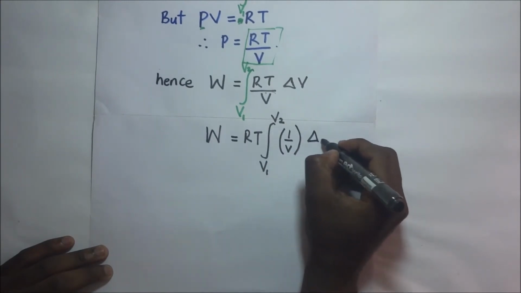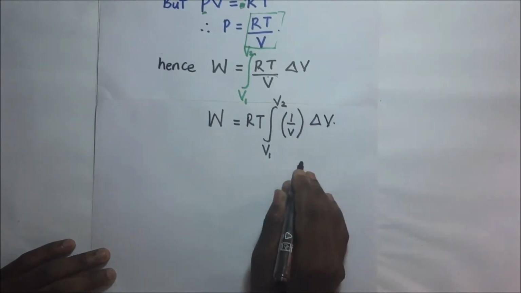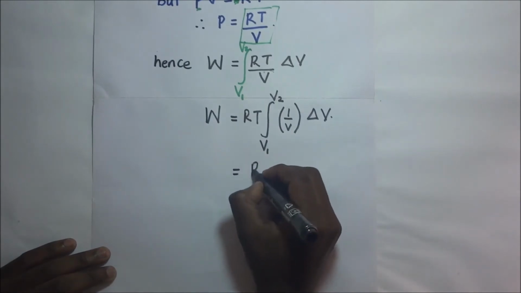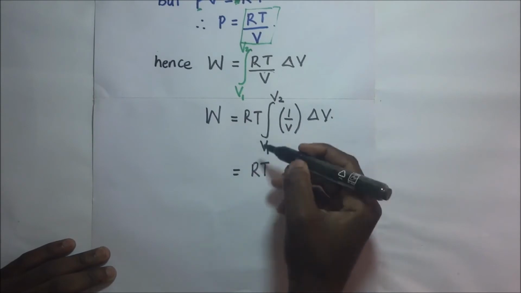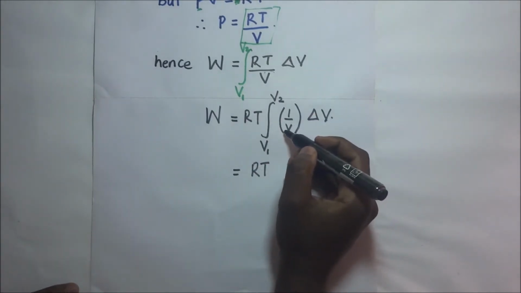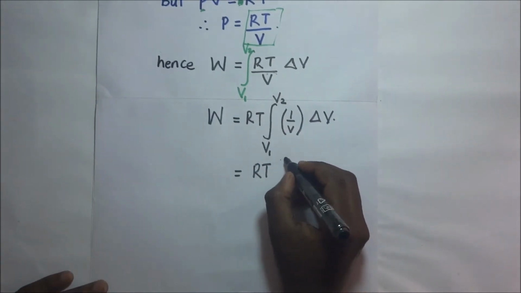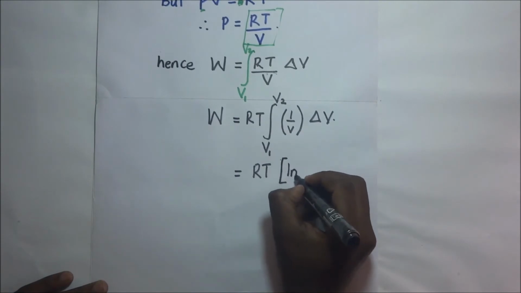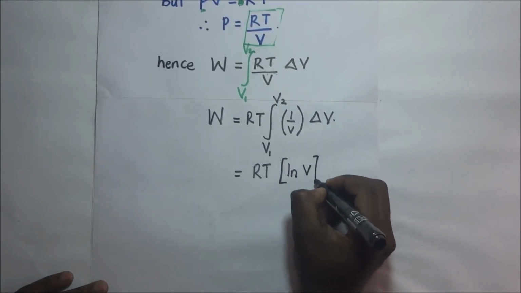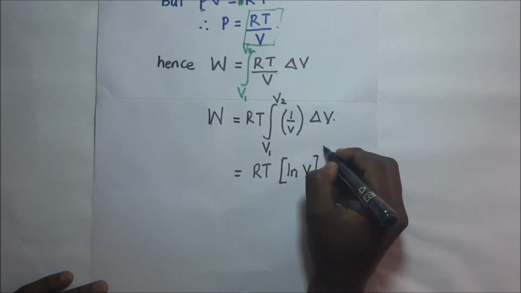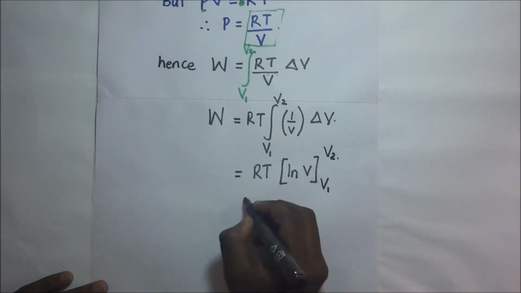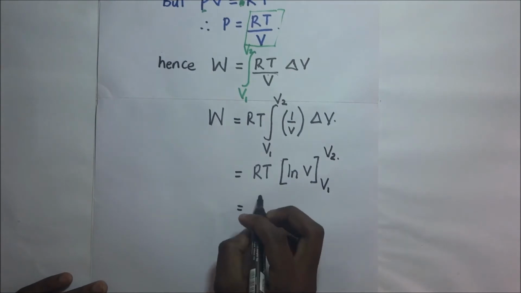So for us this becomes RT integrating 1 over V from V1 to V2. We are going to end up with the natural log of V, with V1 being the lower limit and V2 being the upper limit.